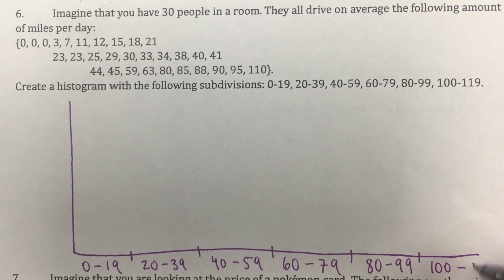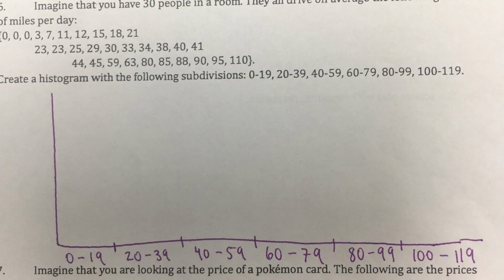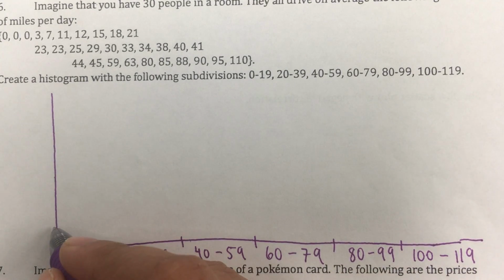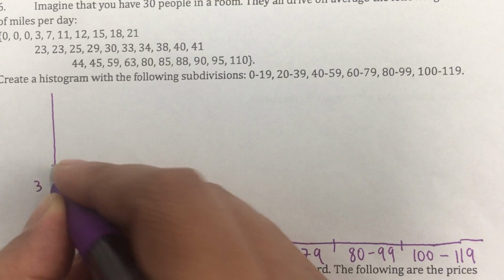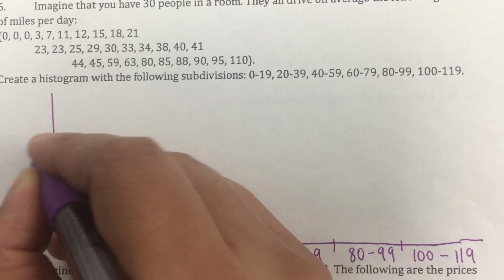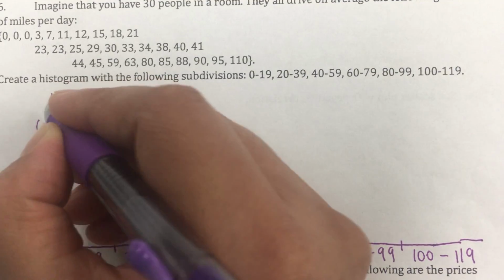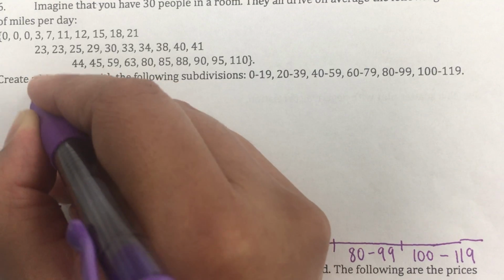And 100 to 119. Okay, so that's the subdivisions that they have. In here is how many times does it appear? 2, 3, 4, 5, 6, 7, 8.